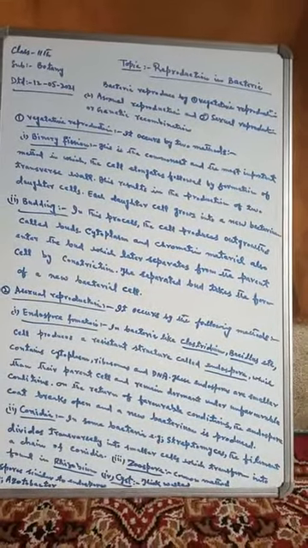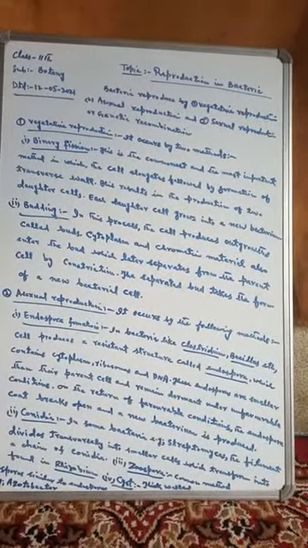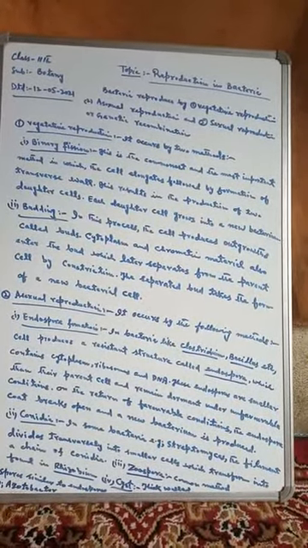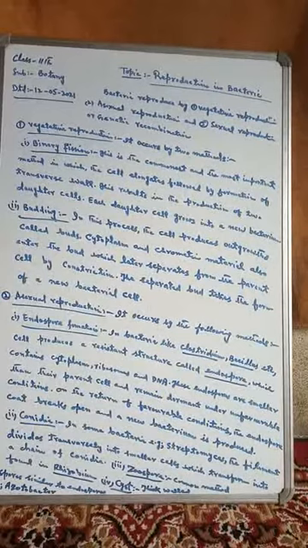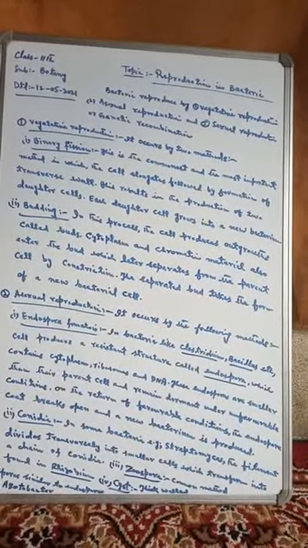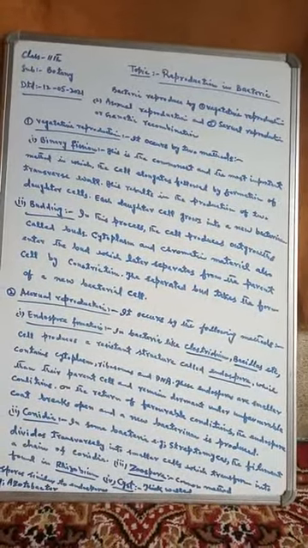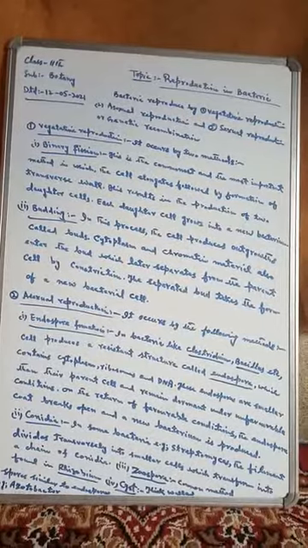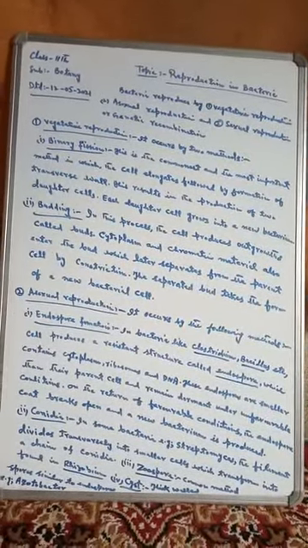So today we will throw light upon the first two, that is the vegetative reproduction and asexual mode of reproduction in bacteria. The sexual reproduction found in bacteria will be studied in our next lecture tomorrow, inshallah.